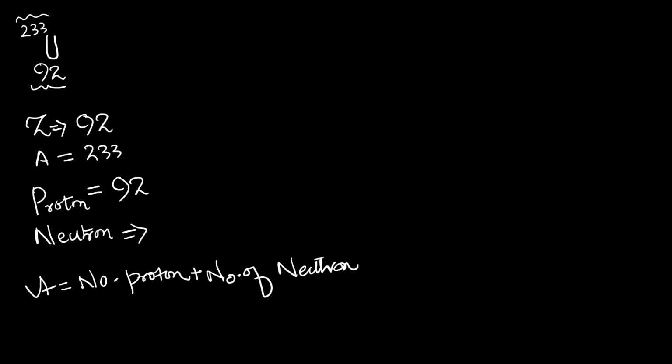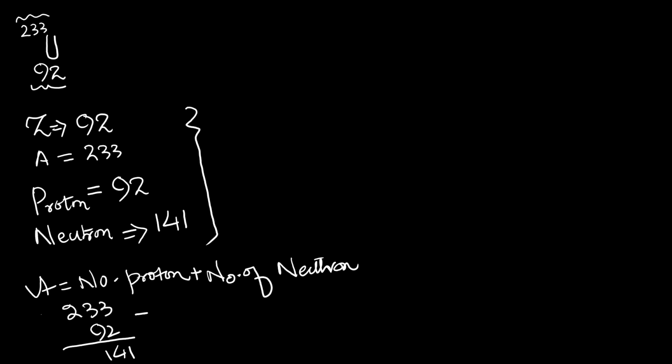So now the atomic weight is 233, and we know that the number of protons in uranium-233 is 92. So we will get the number of neutrons: 141. So the number of neutrons in uranium-233 will be 141.